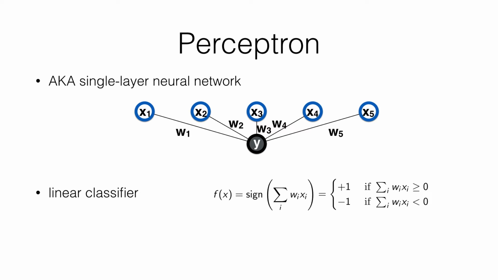What we do next is ask: what do we do if we are given inputs X and true labels Y given to us by an expert labeler, and we don't have W? We want to learn W. We want to figure out what values we should set for W1 through W5.